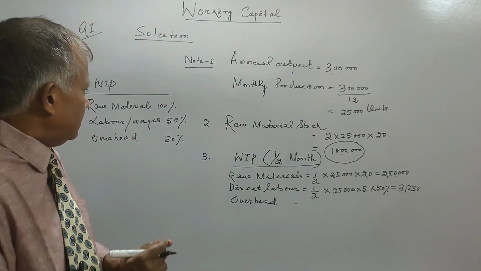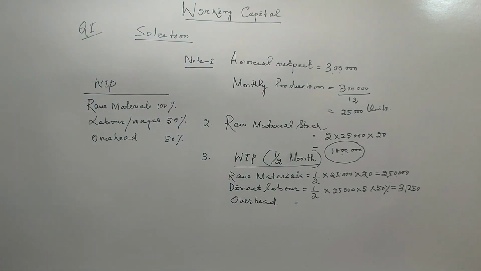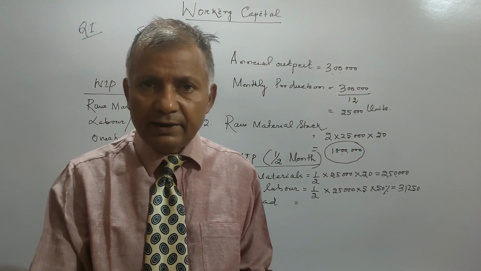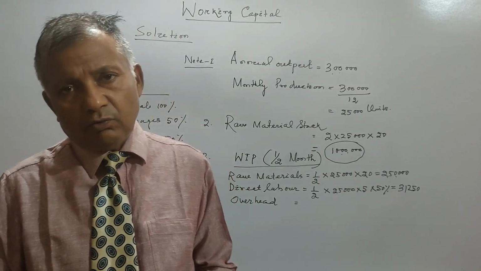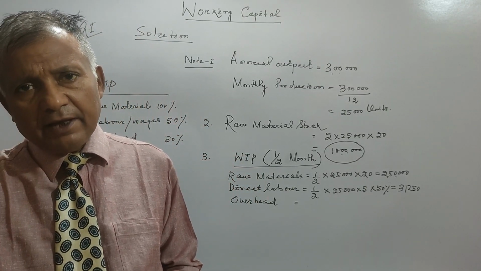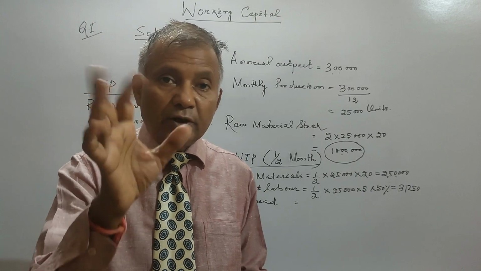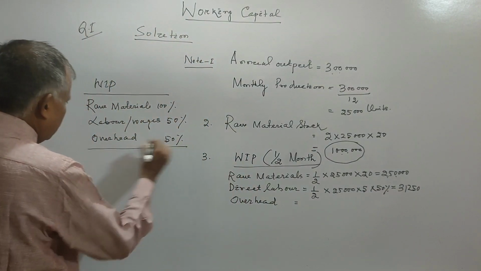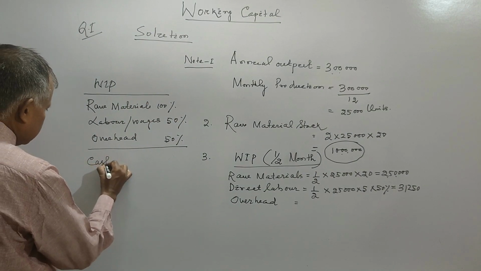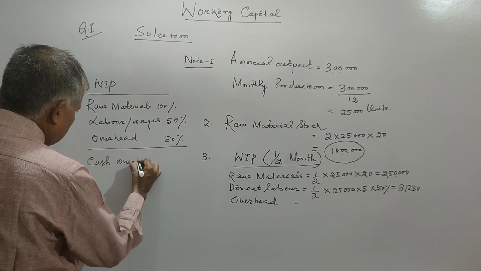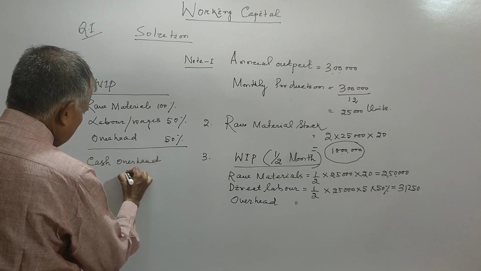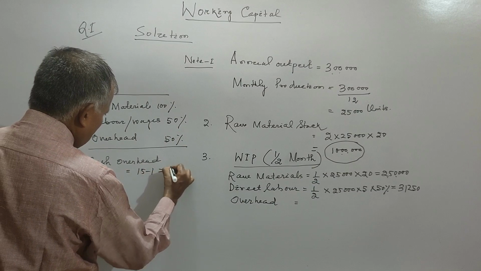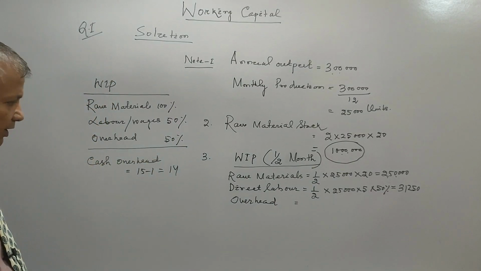Since depreciation is a non-cash expenditure, the cash overhead will be 15 minus 1, that is 14 rupees, because it contains the non-cash item depreciation.